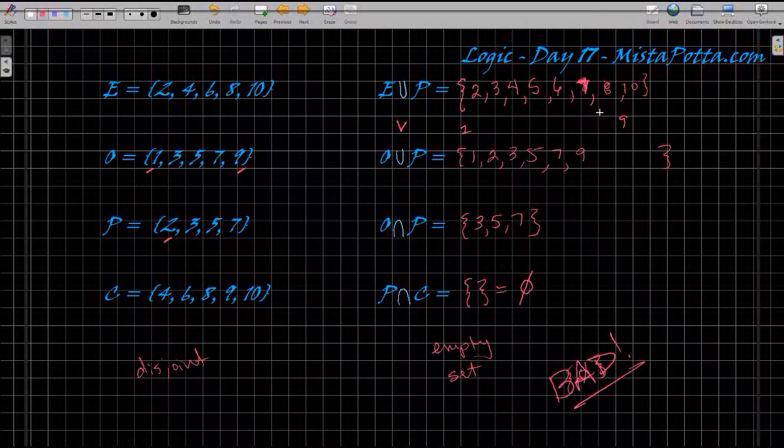My sets can be as small as a set with nothing in it, an empty set. And so those are two things that we can do with unions and intersections. Remember that unions and intersections are like my disjunctions and my conjunctions of logic.